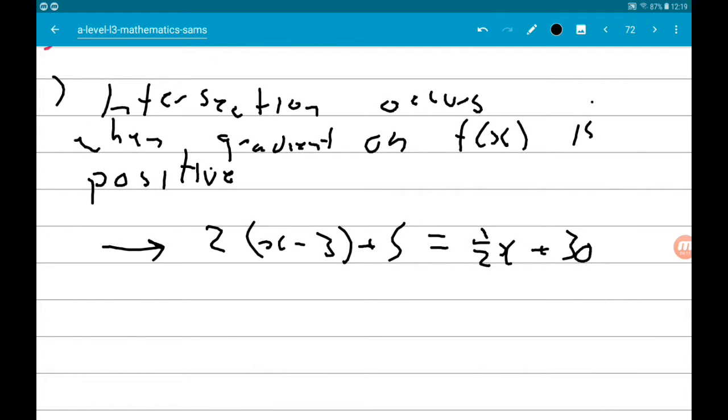So 2x minus 6, and then add 5. So minus 6 add 5 is minus 1, is equal to half x add 30.